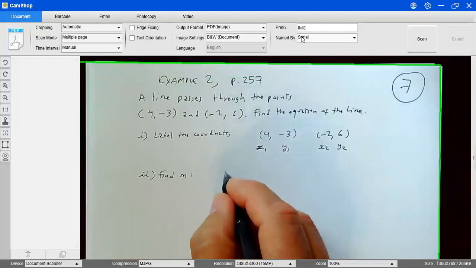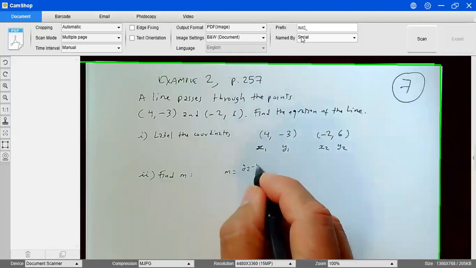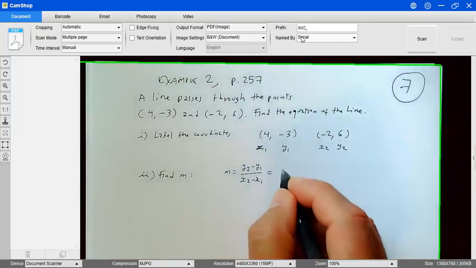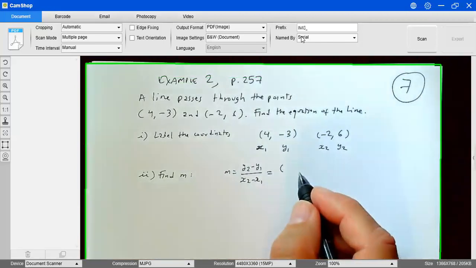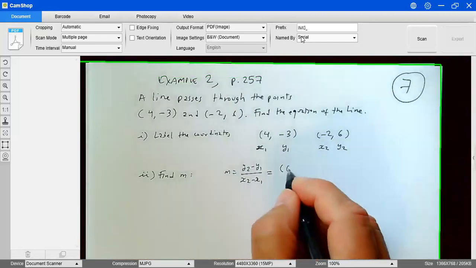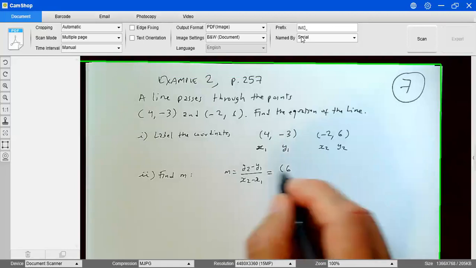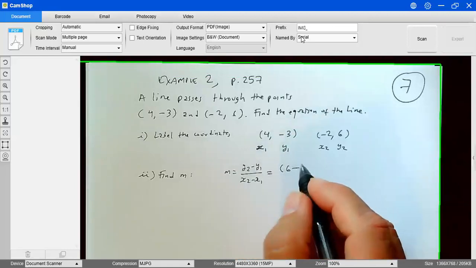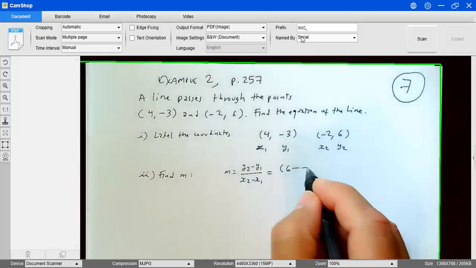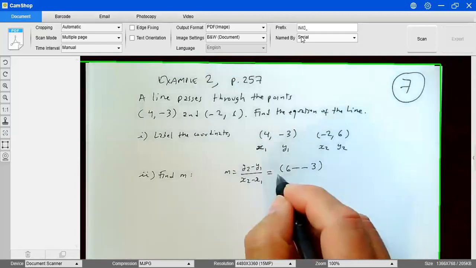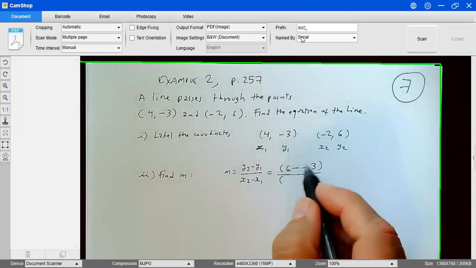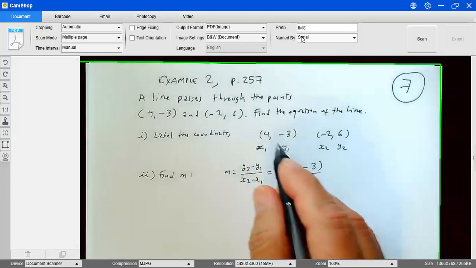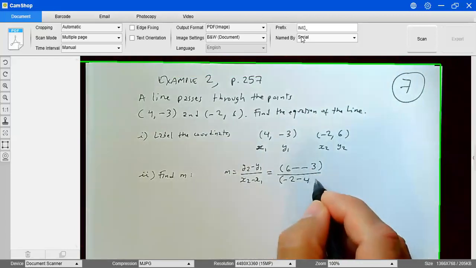This is going to be y2 minus y1 over x2 minus x1. So we use parentheses. We start with y2, 6. Then the minus from the formula. And then y1 is -3, so another minus here, -3. Then x2 is -2, minus from the formula, and then 4.